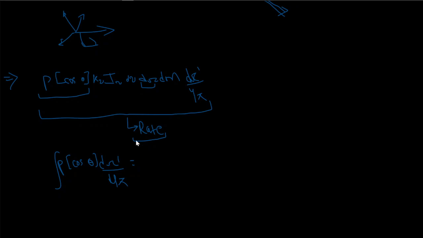In this case, if this probability is 1, it means the radiation is scattered in all directions. Maybe this can be less than 1. That's why we define p cos theta equal to omega naught, where omega naught is some quantity which depends on the situation.